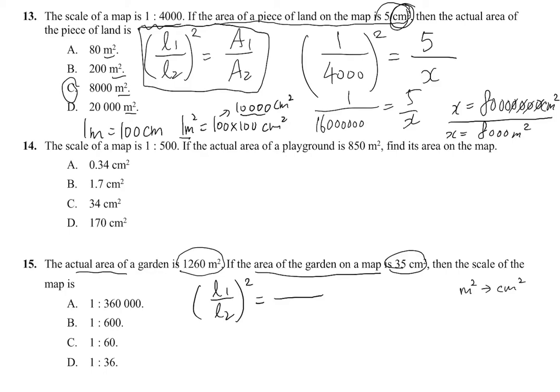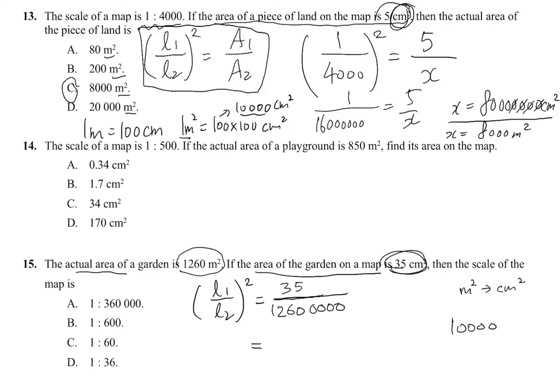So the actual area needs to be converted to cm², but the 35 is already in cm², so we leave that 35 there. As we did in number 13, we need extra 4 zeros to convert m² directly to cm², so we add the 4 zeros.